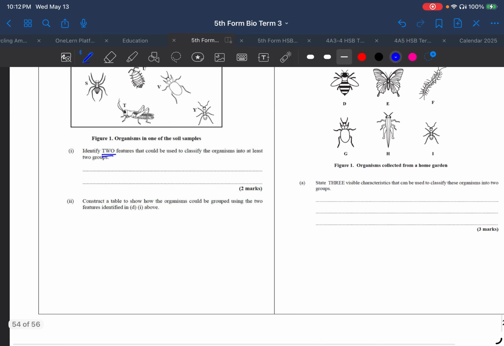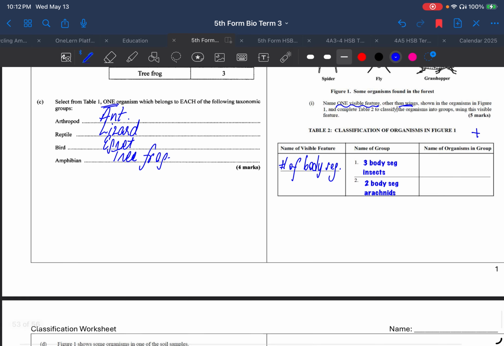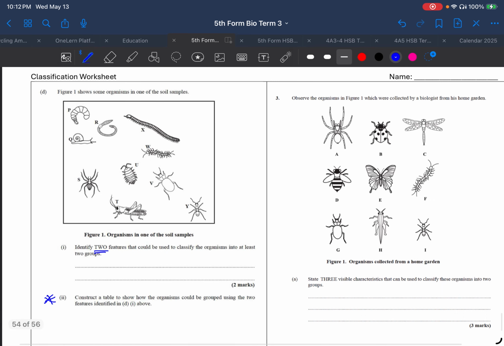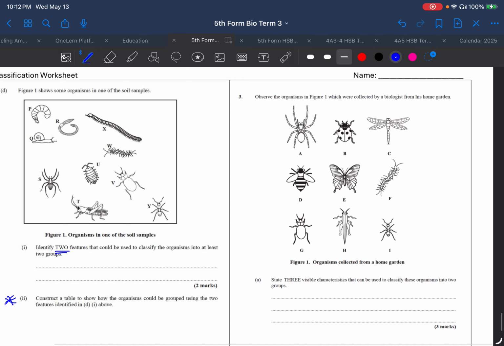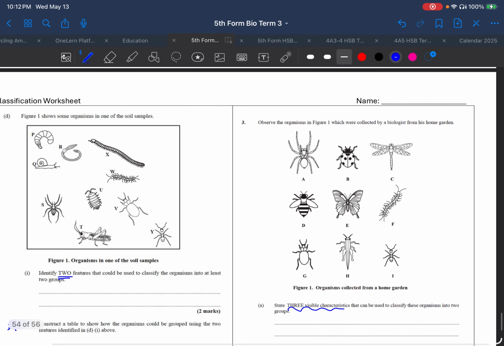And this is asking you to construct the table similar to up here, right?